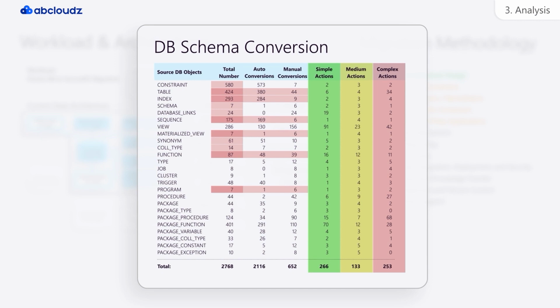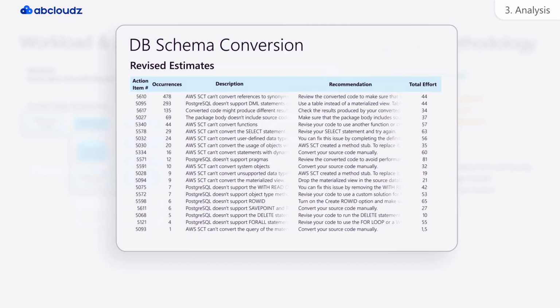Each case that requires manual conversion in WSSCT is called an action item. This report generated by WSSCT consolidates all action items. It assists in identifying the frequency of each conversion issue, enabling a focused approach to the most common ones. Typically, these high-frequency issues will need more manual work.